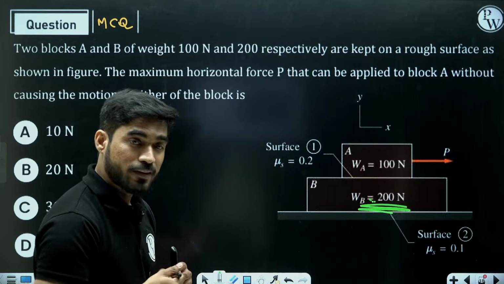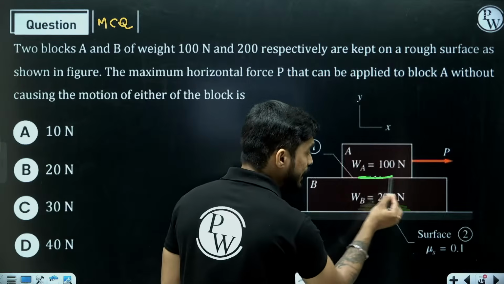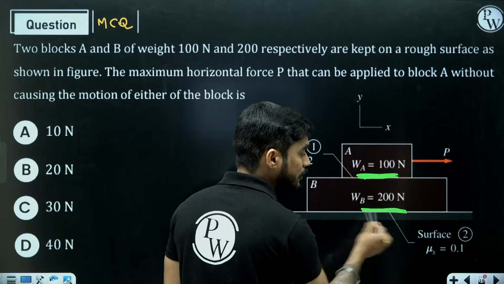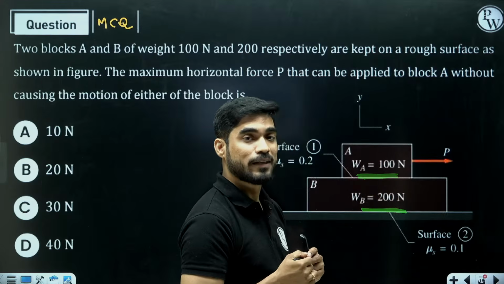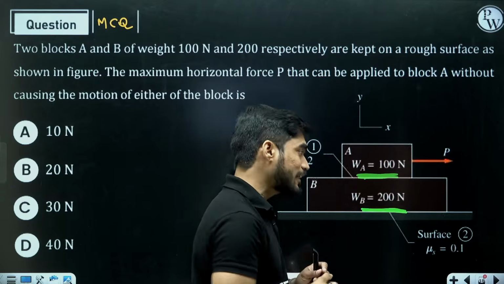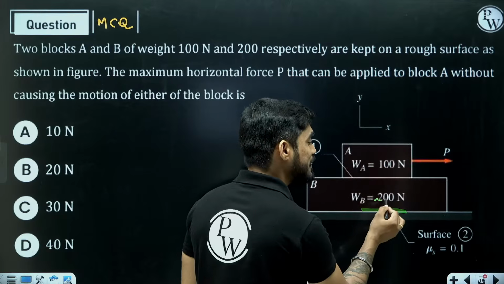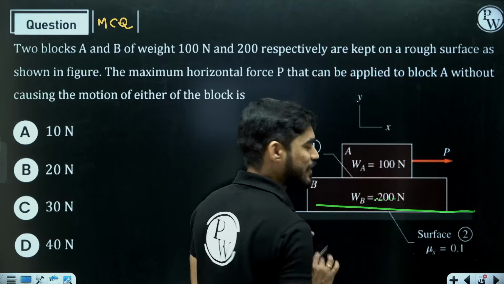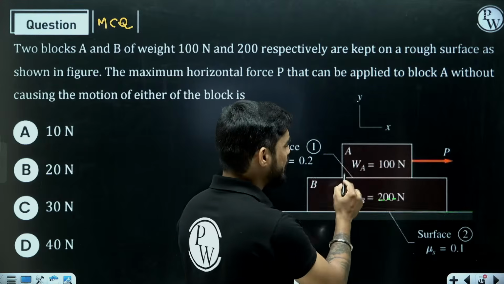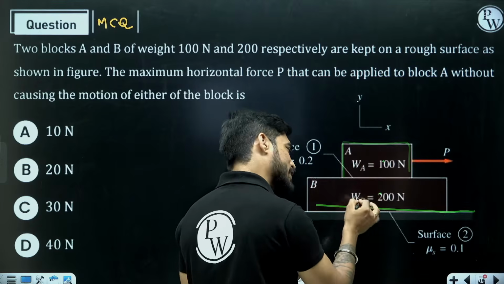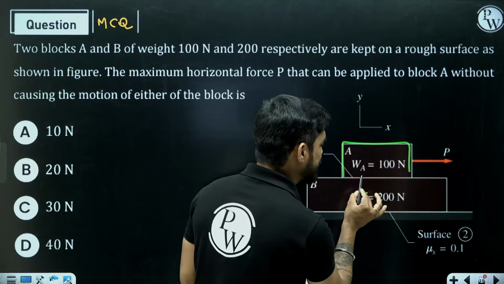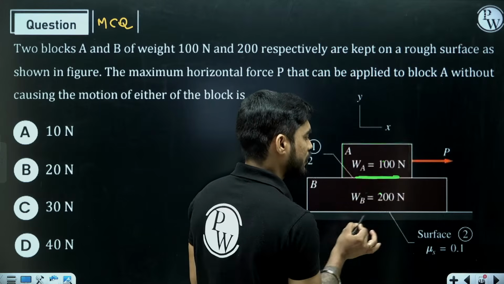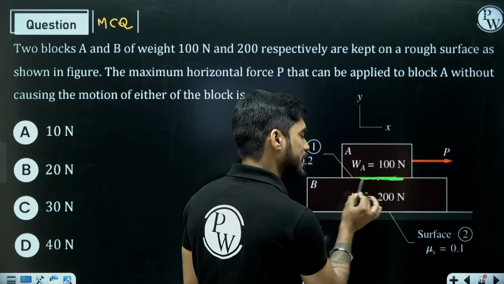This block will not move because here friction force is more. But if the friction force here is more than here, then what is going to happen, beta? Then this block will start moving from this surface. What will happen to this block? It will move with this block. There will be no sliding on this surface, right? Because friction force here is more.